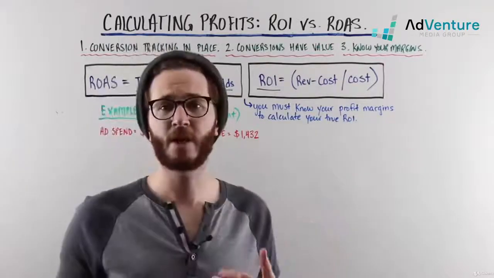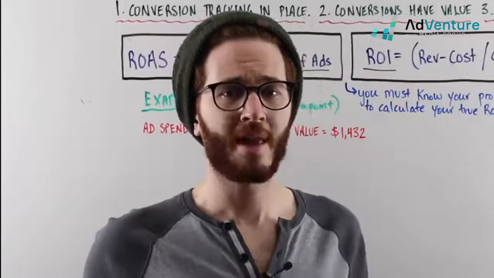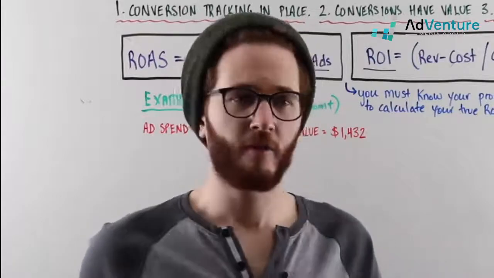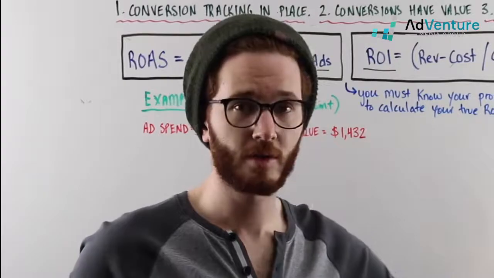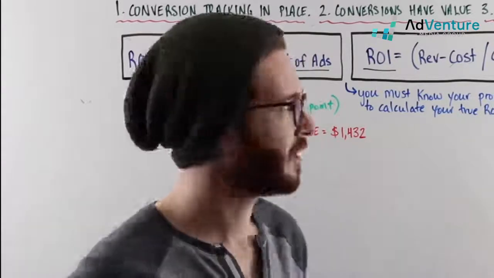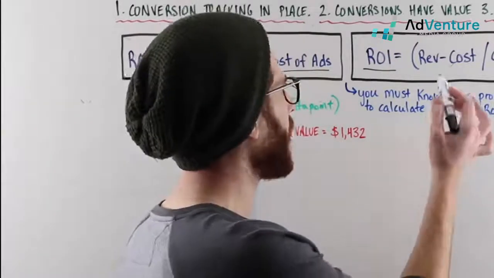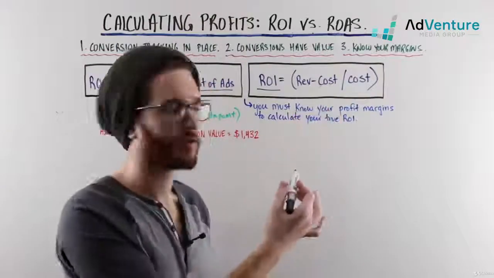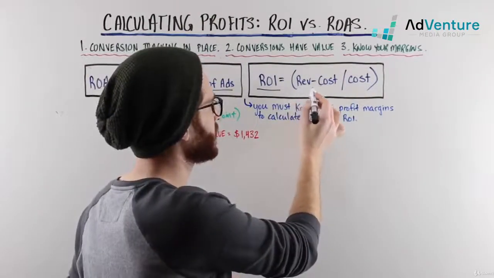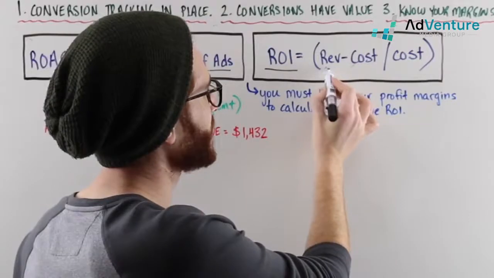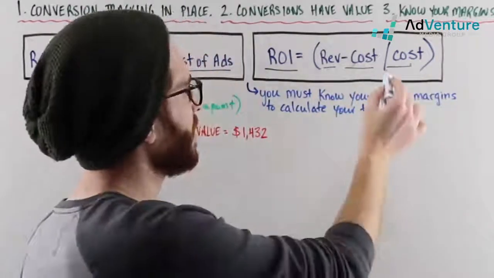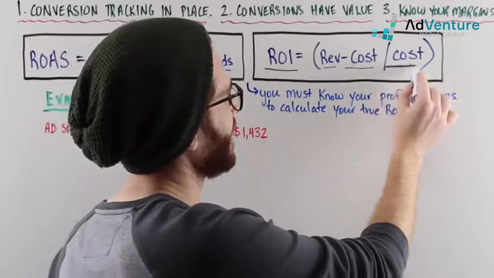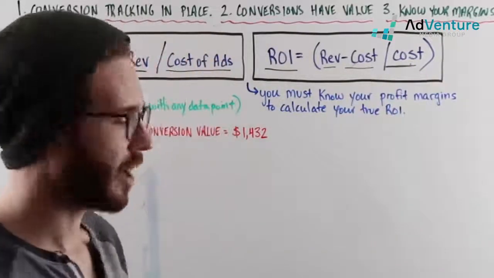Okay, if we say you have a 50% profit margin, that means that of every dollar you make, 50% goes to servicing the client or the cost of goods, whatever that may be, and 50 cents goes in your pocket. So the formula for ROI is revenue, meaning the conversion value, minus cost, divided by the cost of advertising. Revenue minus cost divided by the cost of advertising, okay? That's going to be your ROI calculation.